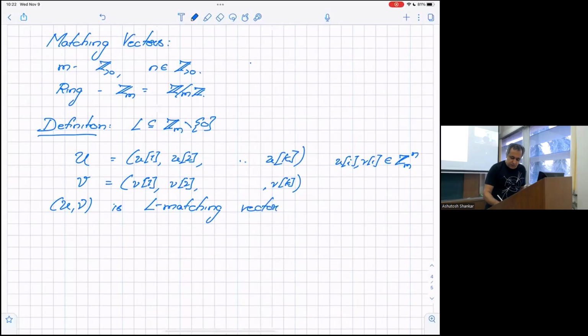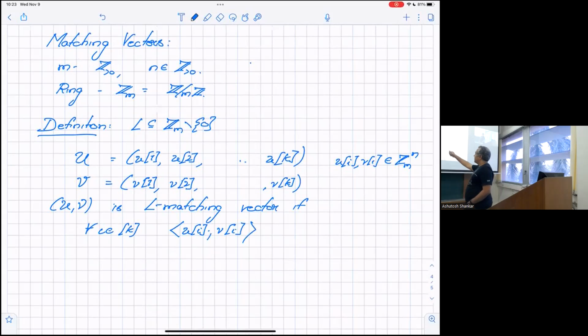if the following holds. For all i in k, if you look at ui dot vi, these are two vectors and I'm taking their dot product, but the dot product is happening in the ring Z_m, because they are both n-length vectors in Z_m.